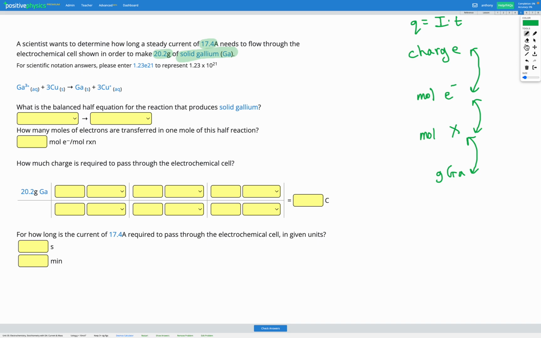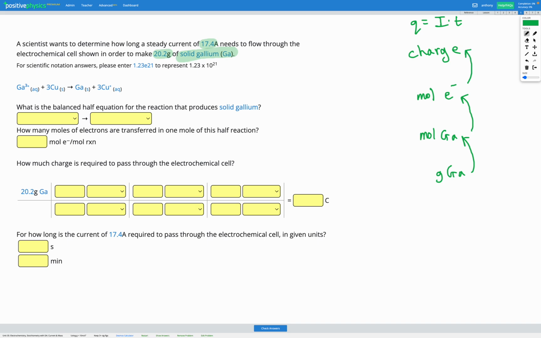So we're then going to need to convert to moles of gallium next. Then we're going to convert from moles of gallium to moles of electrons needed. And finally, we're going to convert from moles of electrons to charge.